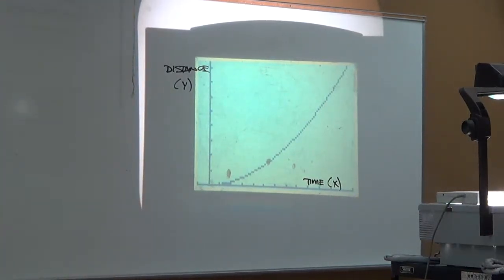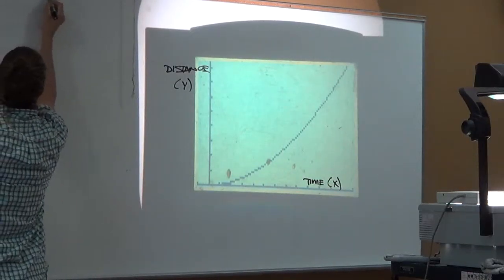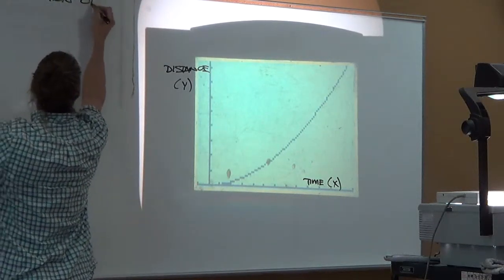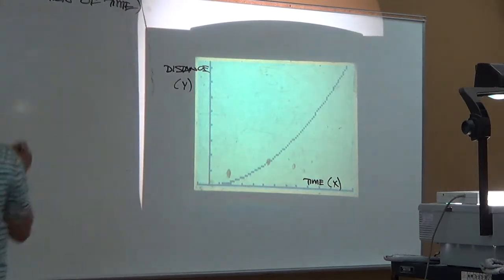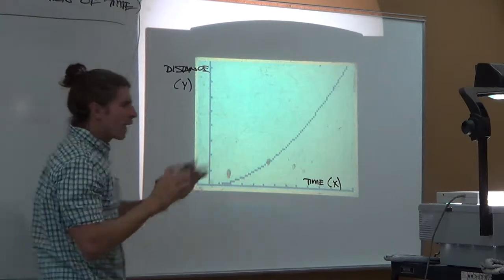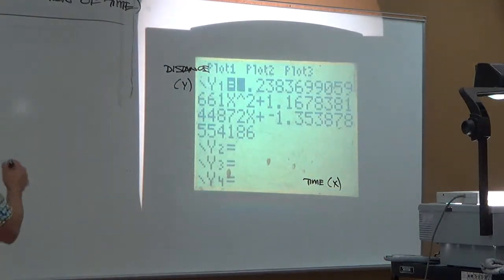So here's the deal. I'm going to write our model up on the board. This is the model for Sean's distance as a function of time. I'm going to round off the decimals, because there's a lot of decimals in this model and I don't think it's worth writing them all out.